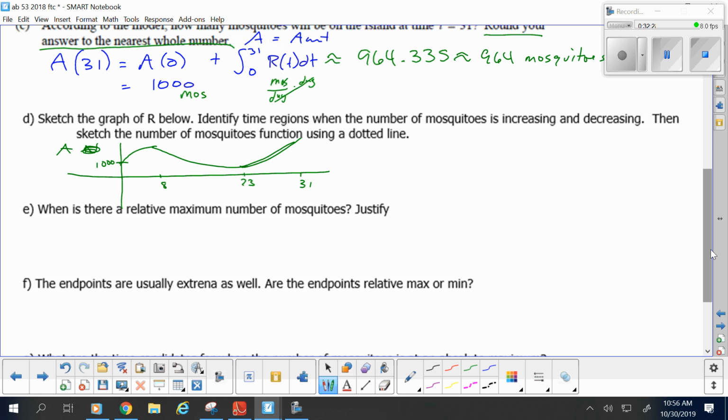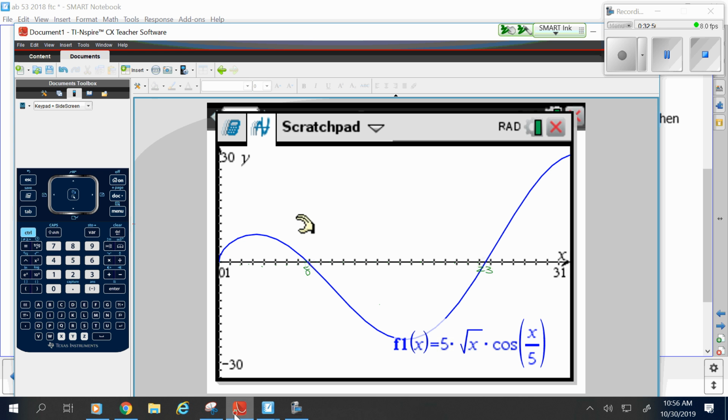When is there a relative maximum number of mosquitoes? Now, forget this graph, although I guess this graph kind of says this point seems like a relative max, and this point at the end also seems like a relative max because really anytime it's at the end of a growth cycle, it's going to reach a maximum, yeah? In terms of the original graph, now remember, this is a rate, so it's like a derivative.